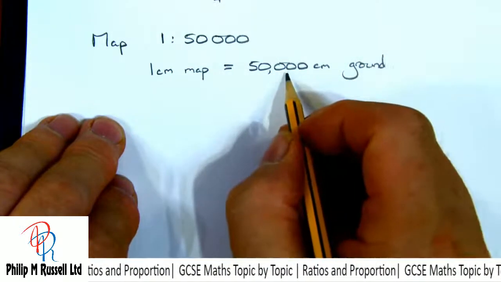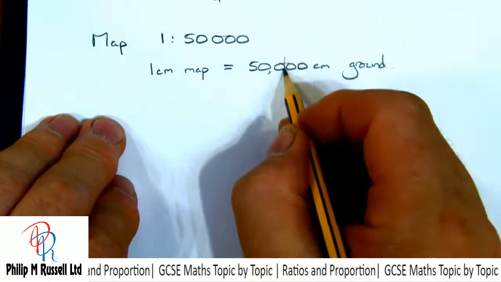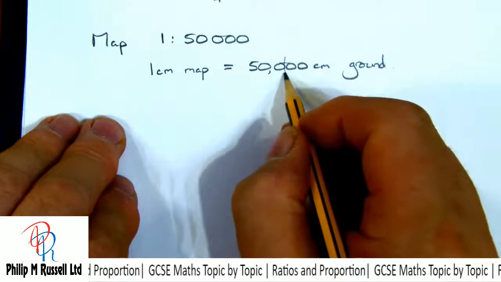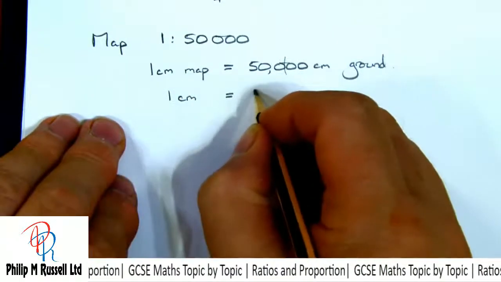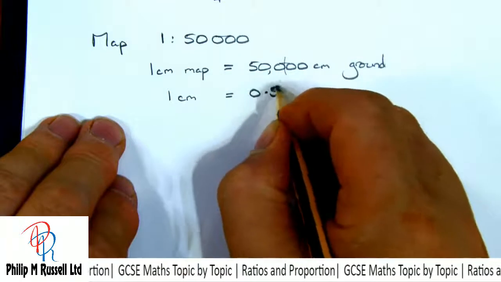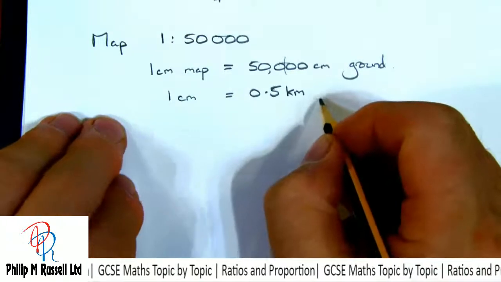Ugh, I can't work out that. So centimetres into metres would be 500 metres. So 1 centimetre equals here 0.5 kilometres on the ground.